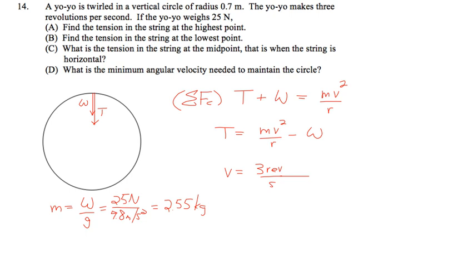But I can convert it into meters per second in one step. So I'm going to extend the line, and I'm going to go from revolutions to meters. 1 revolution, what distance do I travel when I do 1 revolution? 2 pi r. So 2 pi, and the radius is 0.7.